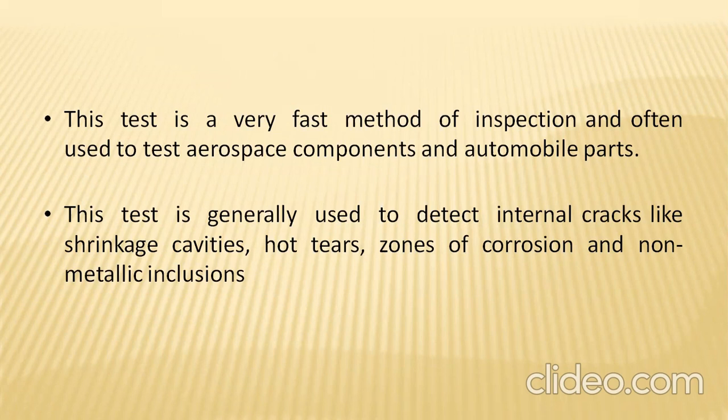By this, magnetization is done on the materials for identification of the existing internal cracks. During the casting process, we need to get the definite shape of the objects or parts in the manufacturing area. During casting, shrinkage cavities can open and hot tears can take place while the solidification process is commencing. There are also zones of corrosion, where the material reacts with normal atmospheric conditions.